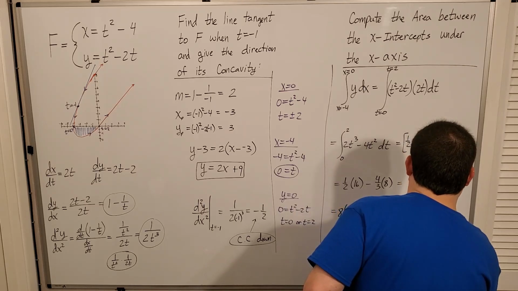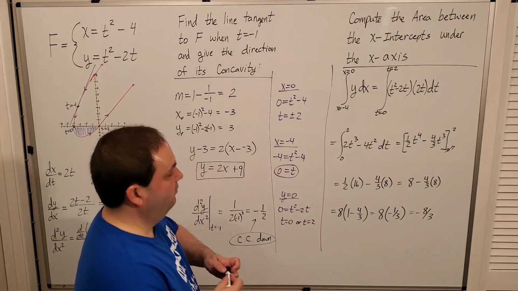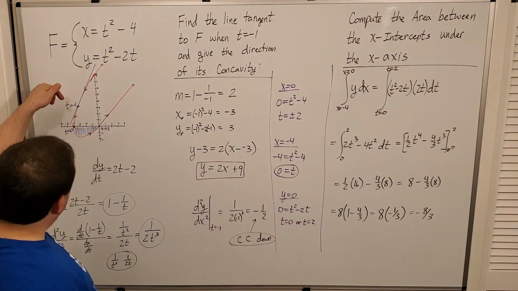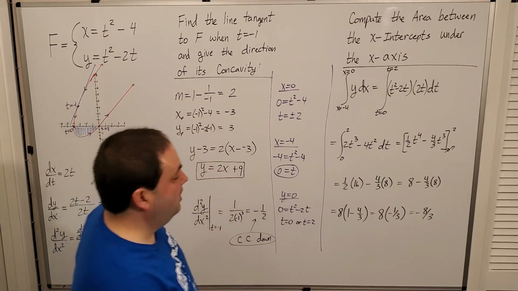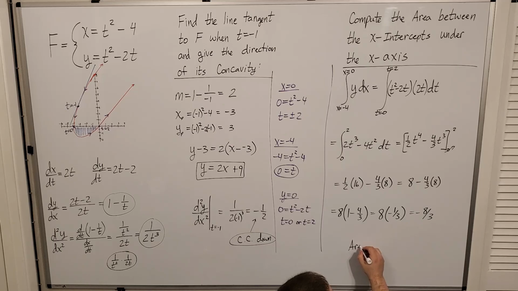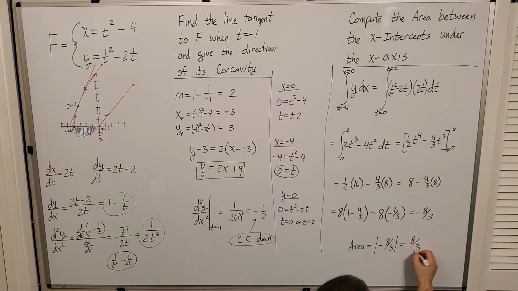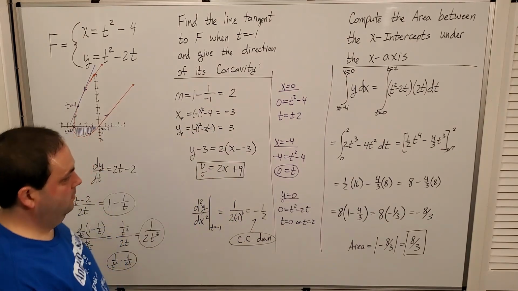And I'm getting negative 8/3. Now, why is this coming out negative? Remember, it should. We're adding up negative y values. So when it said compute the area, we're just going to do the absolute value of 8/3.